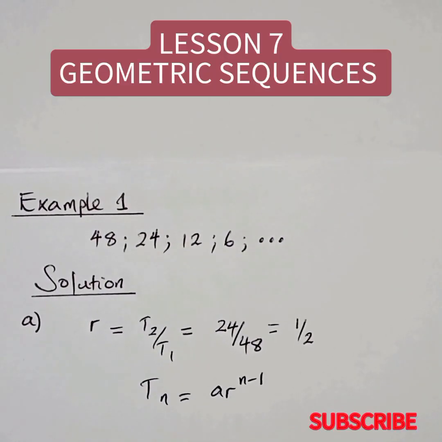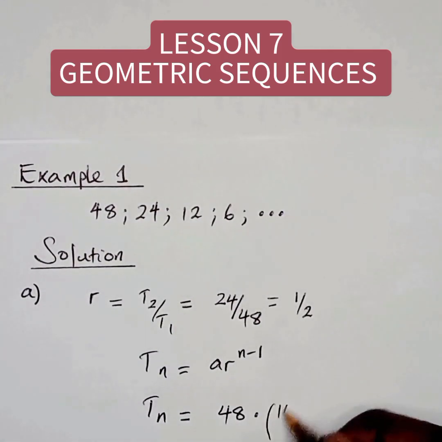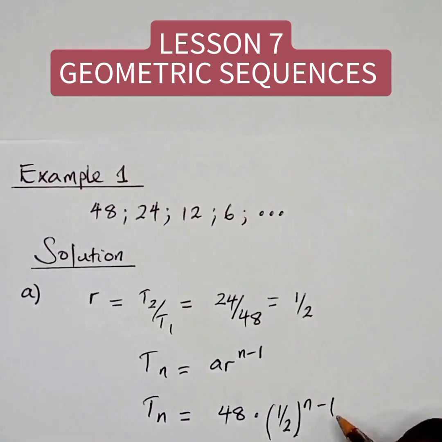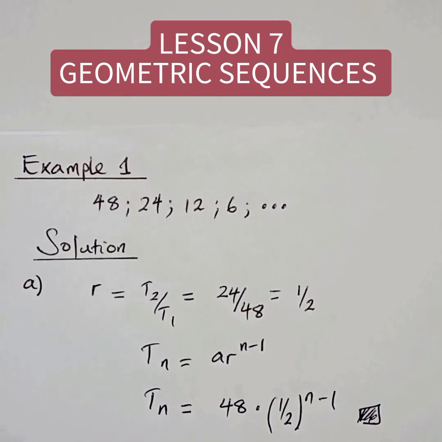Therefore, we say Tn is equal to 48 multiplied by R, which is 1 over 2, to the power n minus 1. So we are done with the first part of this example.